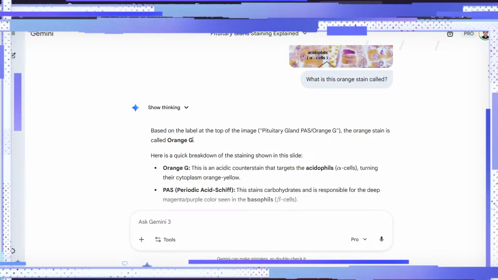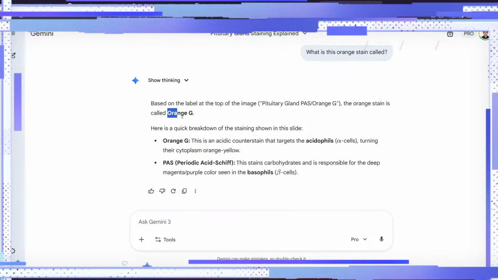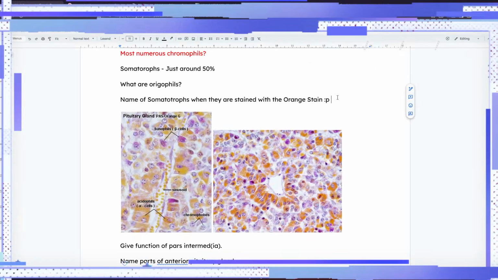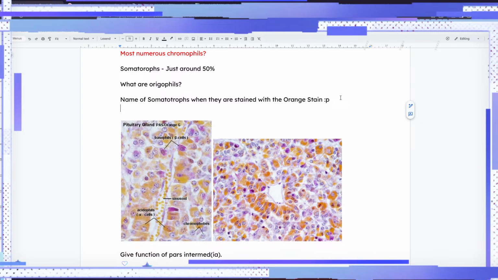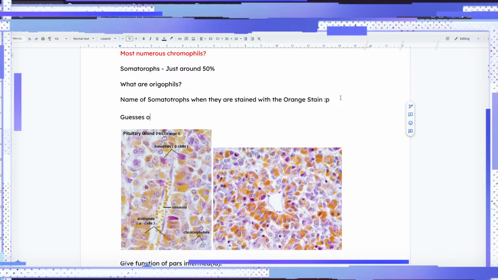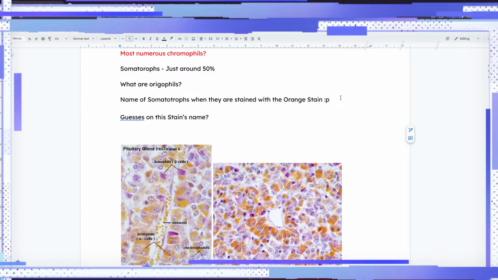Wow, it's literally called orange G. Yes, this is on this stain's name, anyone.